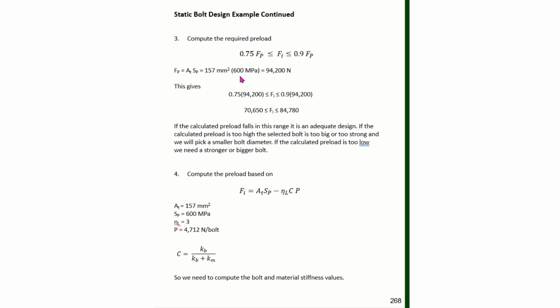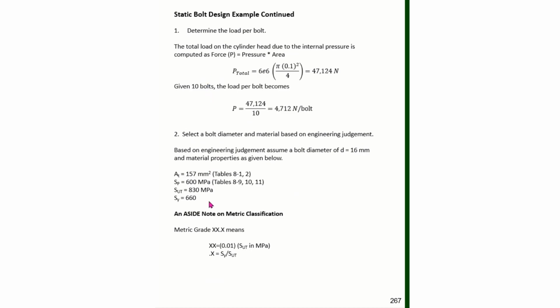So we're going to compute the required preload now, and to do that we need to get the proof load, and the proof load is given by the tensile stress area times SP, the proof strength. We know the AT because we looked it up, and we can get the proof strength by looking it up from tables 8, 9, 10, and 11, or we could take 85% of 660 and also get an approximate value for the proof strength.